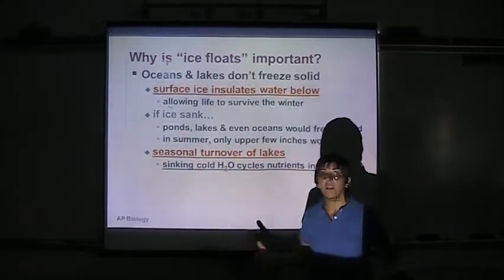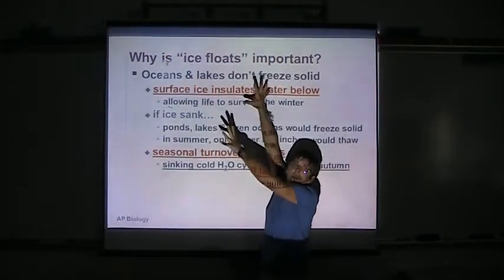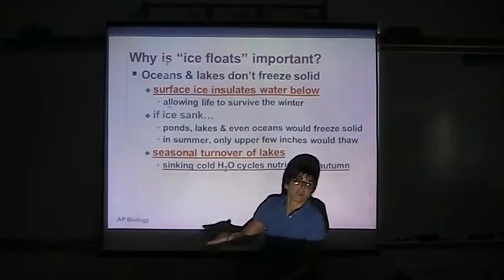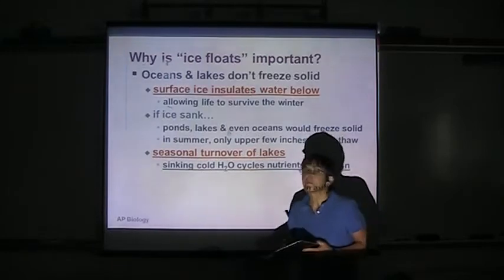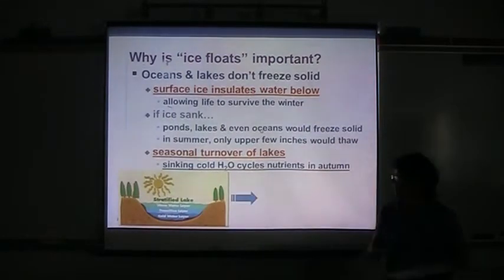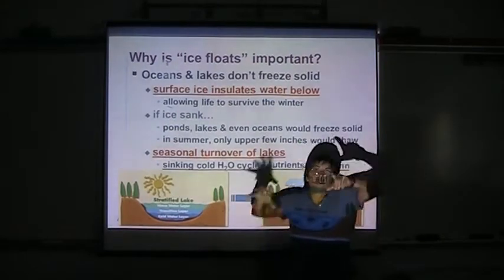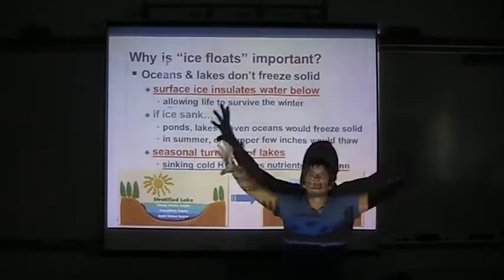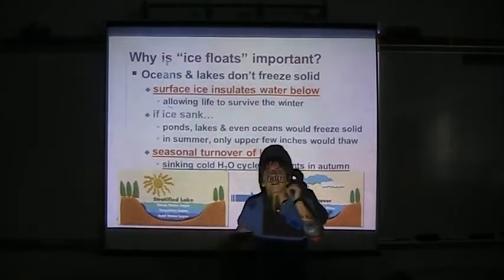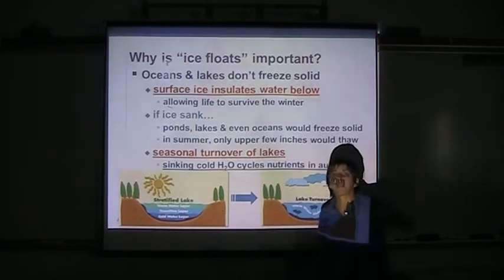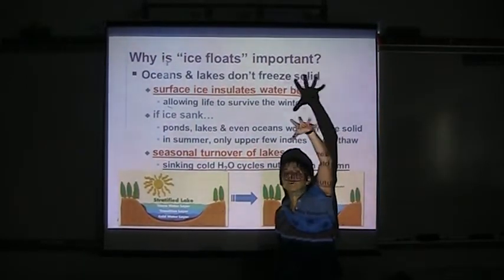Insulation, just like a cooler, has a layer of insulation that keeps the cold out and the warmer temperature of the water there, warmer. So it prevents lakes and bodies of water from freezing solid. You know that? Think of ice fishing. You have the ice on top and everything underneath is liquidy. And the temperature under the ice remains pretty much constant because it's totally isolated from the frigid temperatures above.